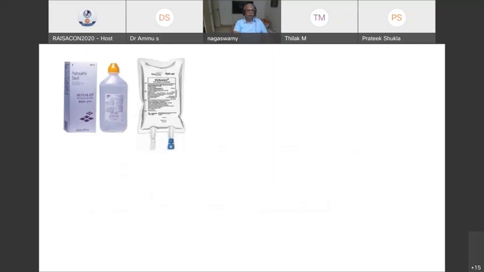All of you have seen this in your practical practice in the theater. Hydroxyethyl starch, hetastarch, is written here. What are the properties of this fluid?